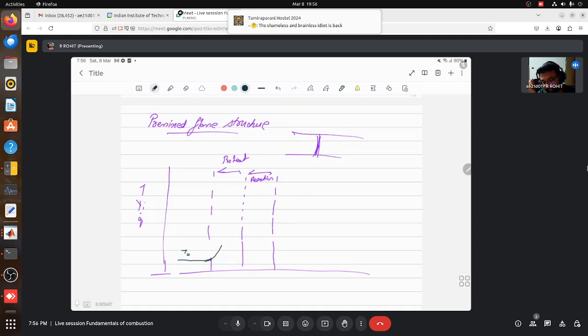Slowly it rises and reaches Ti, that is your ignition temperature, near the reaction zone, and it continues the combustion and reaches a maximum value of Tf, the flame temperature, close to the end of the reaction zone, that is the adiabatic flame temperature.